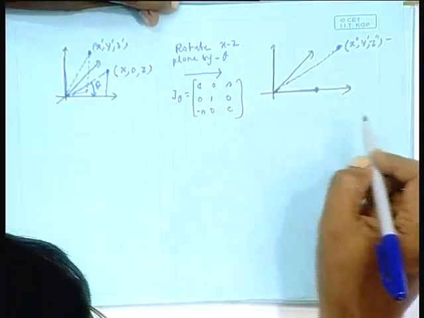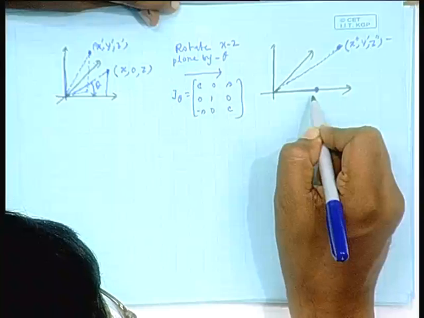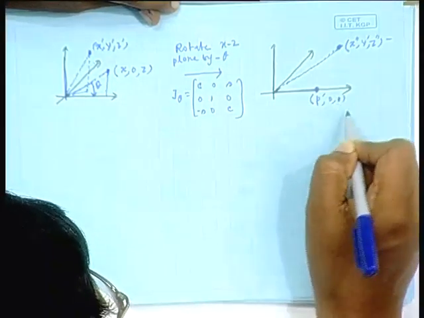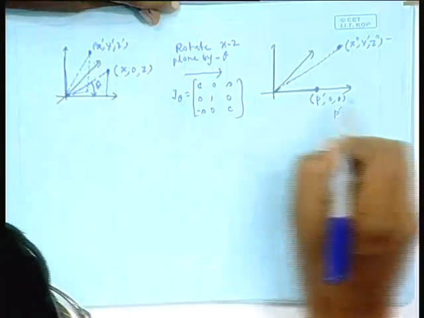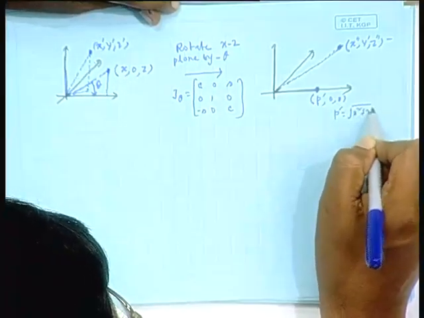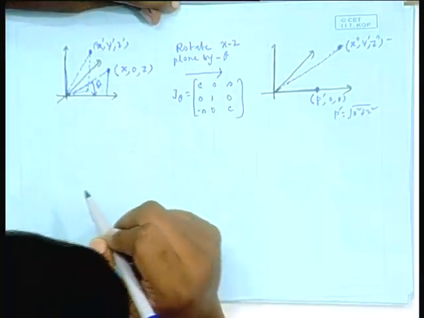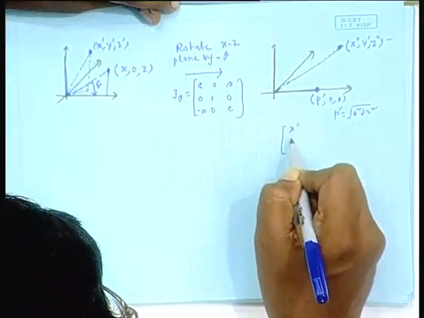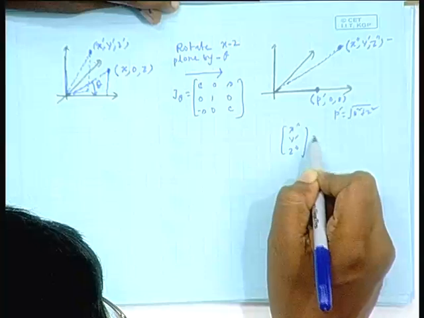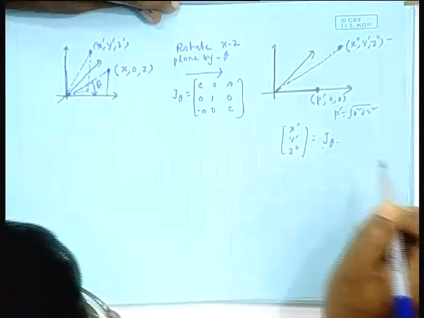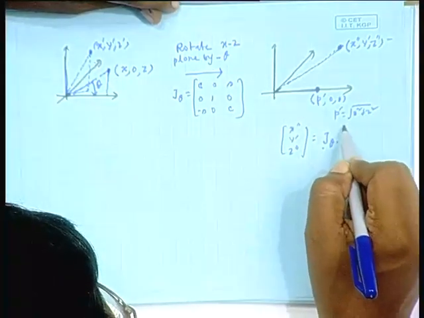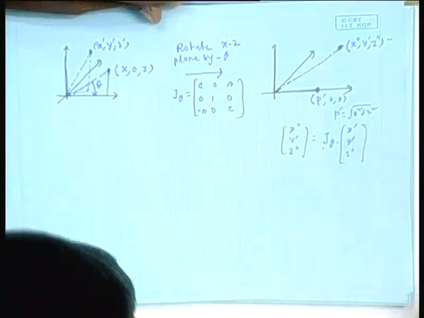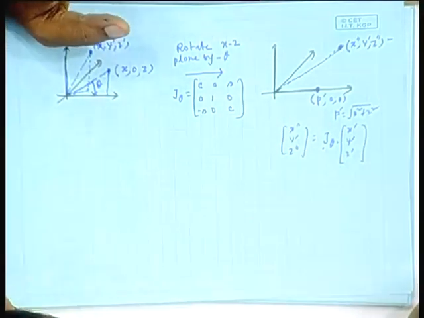So, that means, and this guy will be say p prime 0 0, p prime is simply the square root of, just the length of this, and your J theta times, okay.